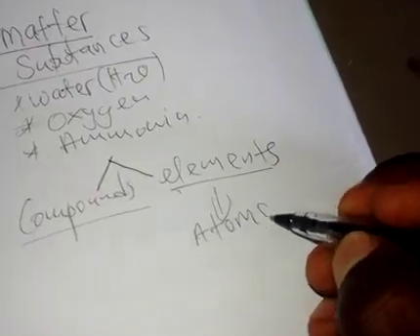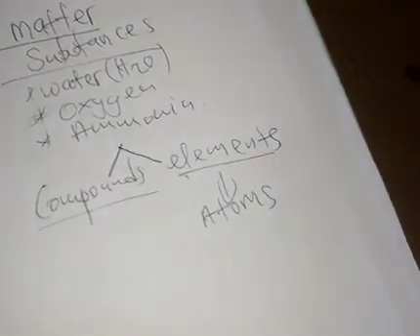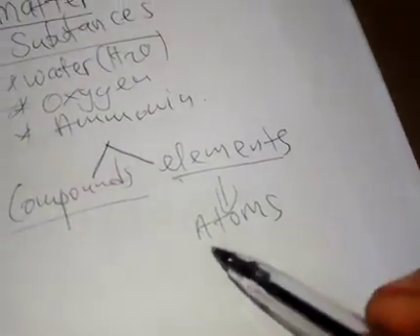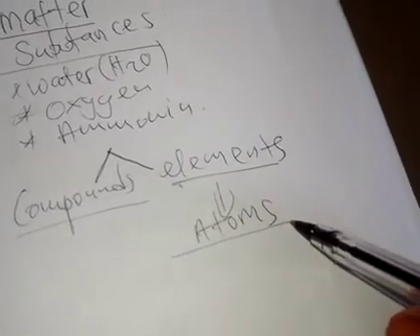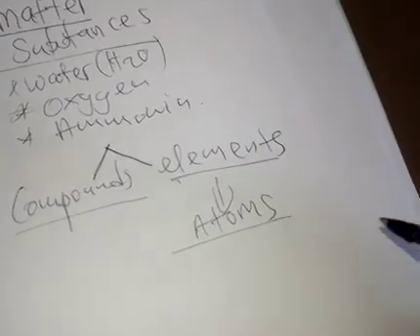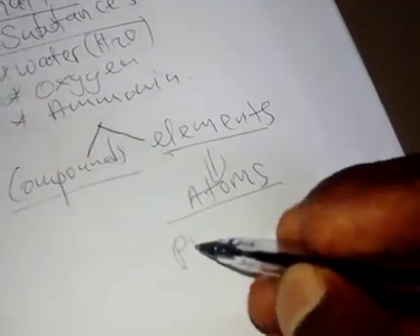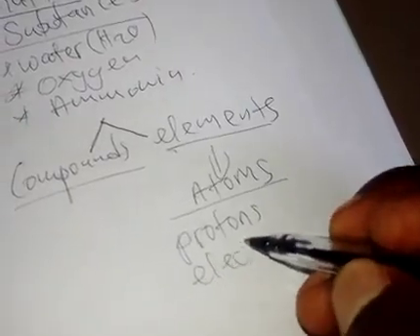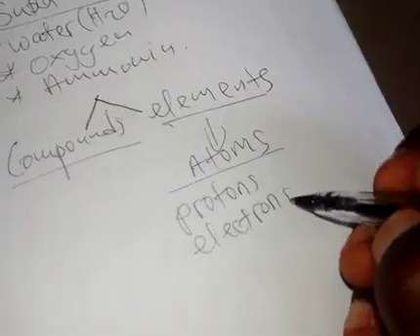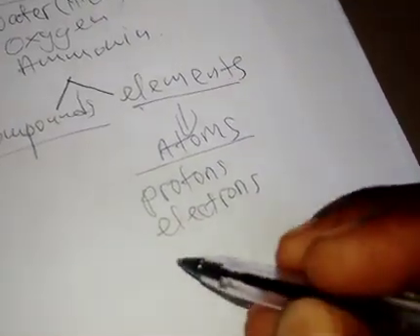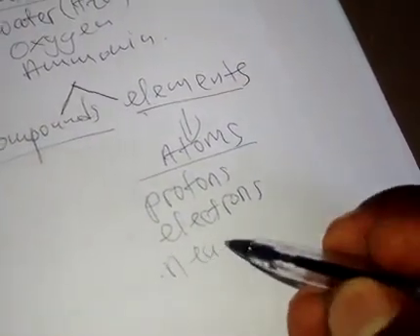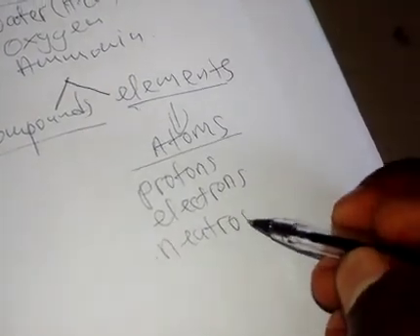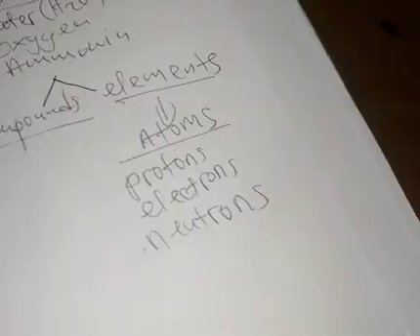So elements have atoms. When we consider the atomic structure, you find that inside atoms we have protons, electrons, and neutrons.